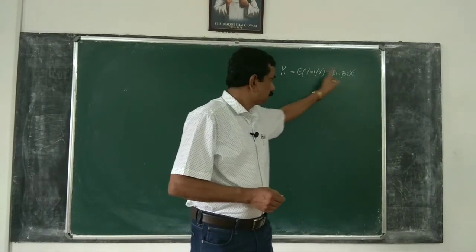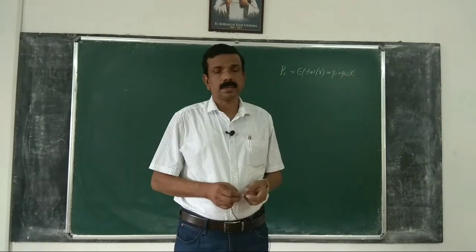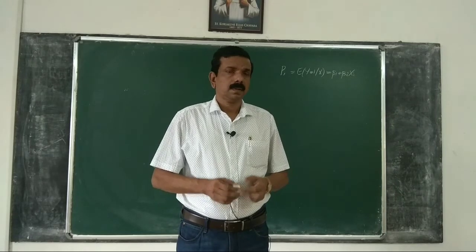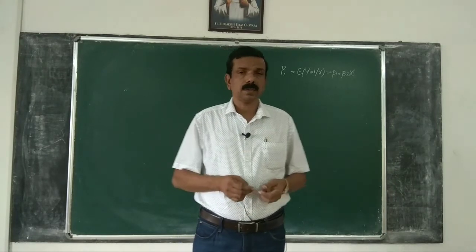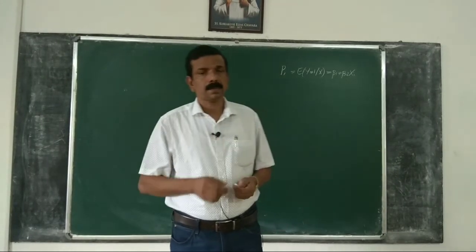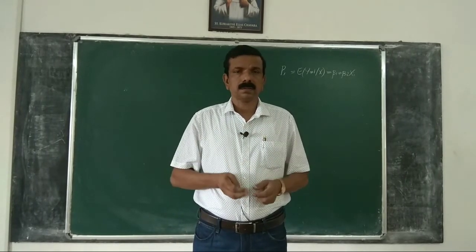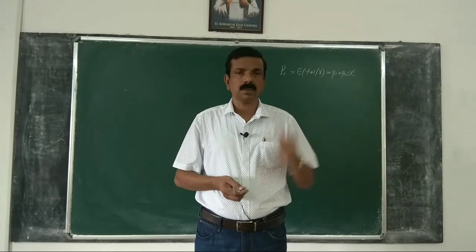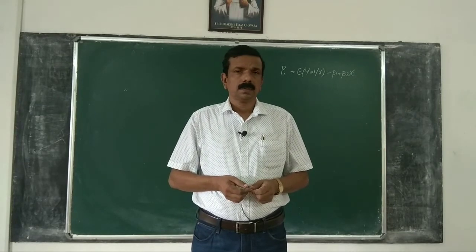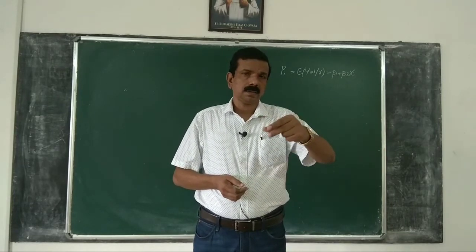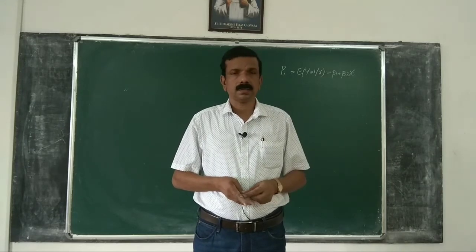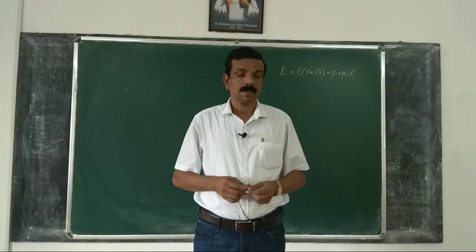Pi is linearly related to x, and you can estimate this model using OLS. And we have discussed the problems with this model and suggested Logit and Probit as alternatives.